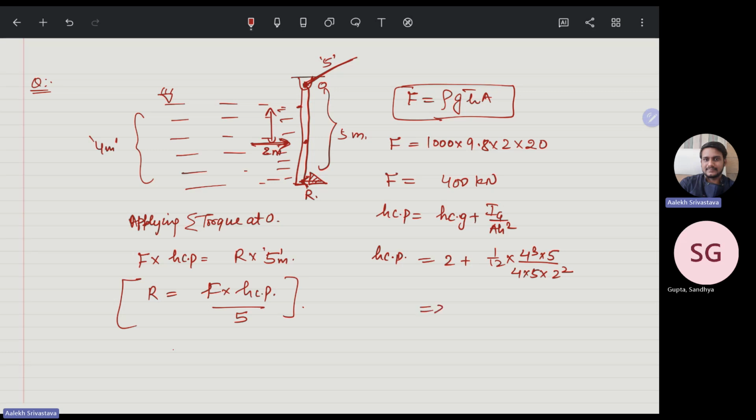This is around 2.67 meter from the surface. From the hinge, it is SCP plus 1 because you see that this one we had left, so that is the total distance. If you put it in and solve, you will get a reaction force of 288 kilonewton.